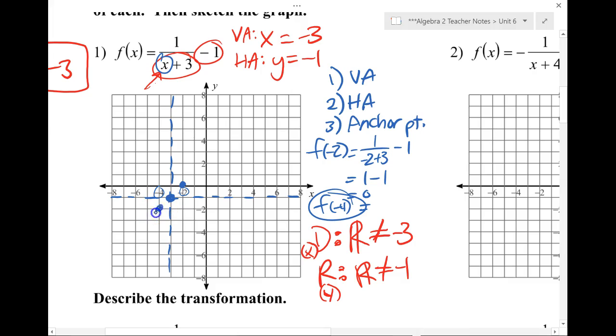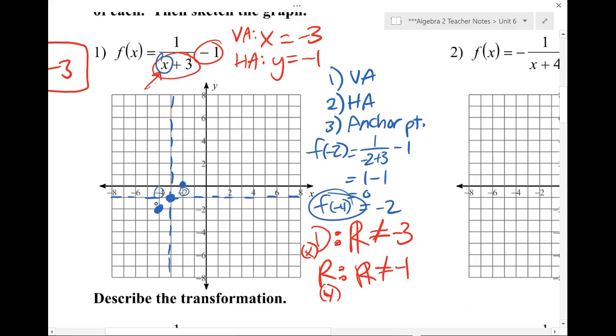So my other point is over here. The nice thing about these anchor points is that once you find one, you can just go directly opposite in the diagonal direction to the other side, because they're symmetrical. At least when we're referring to these functions now. In the future, that won't work as well, but for now, that does work when we have these reciprocal functions.